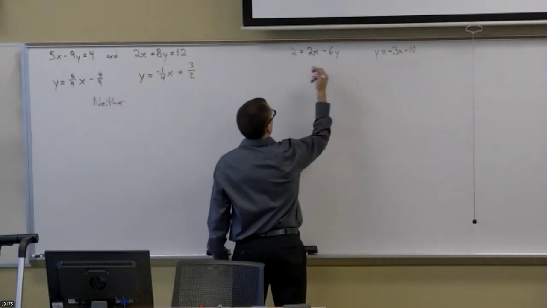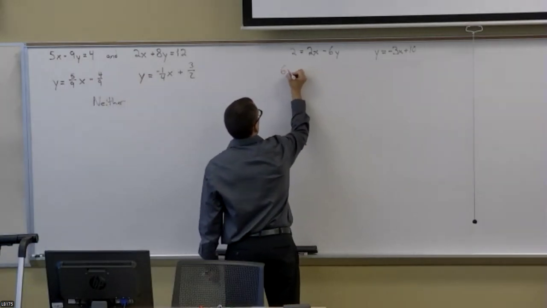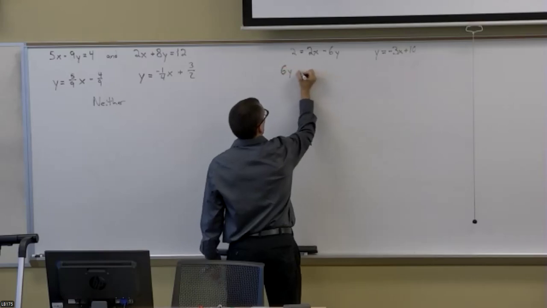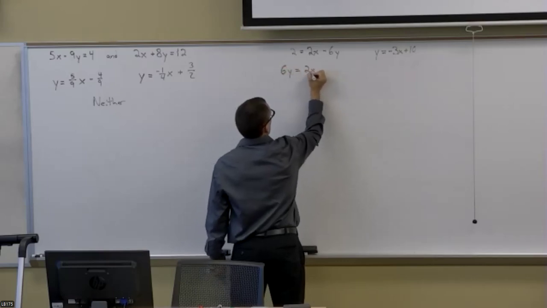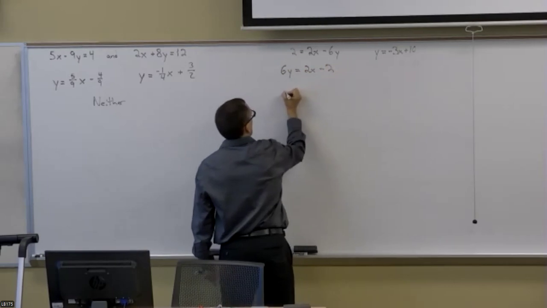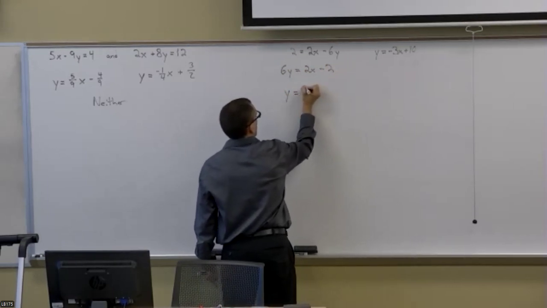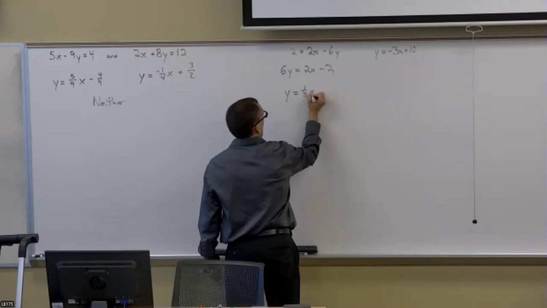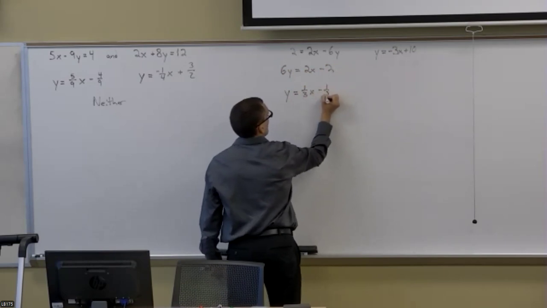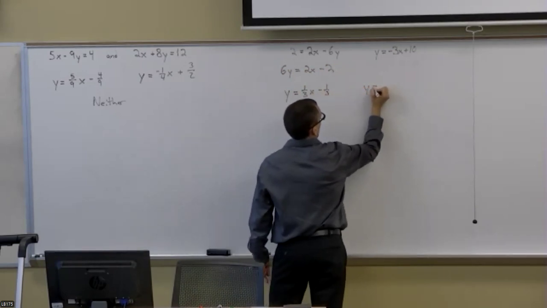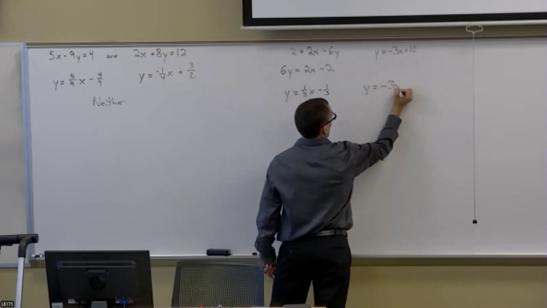Over here, I could do the same thing. I'll do the steps in this case. 6y would be equal to 2x minus 2. Divide by 6. Y would be 1/3 x minus 1/3. In the other equation, I already have it in slope-intercept form.